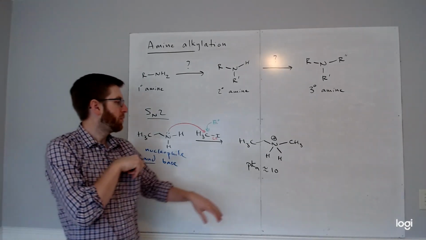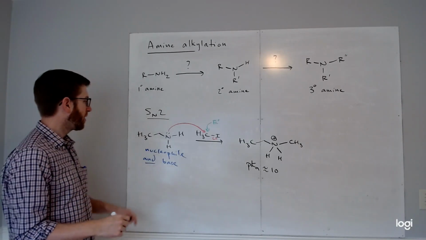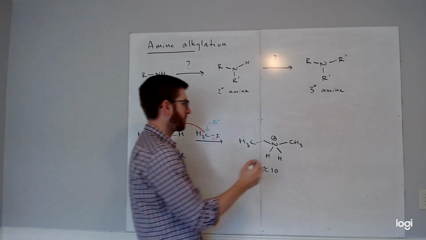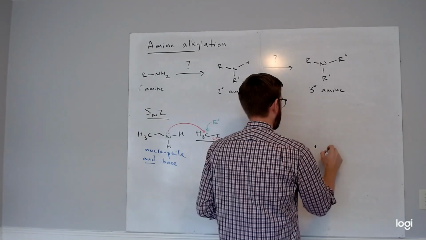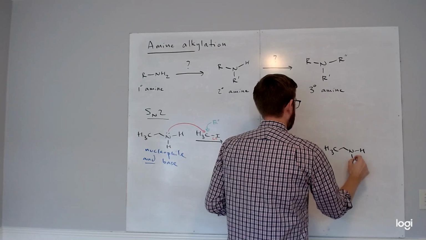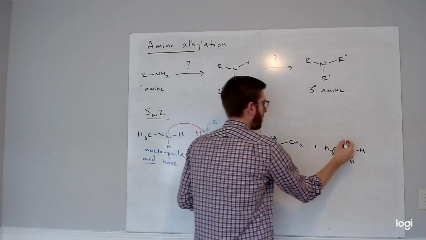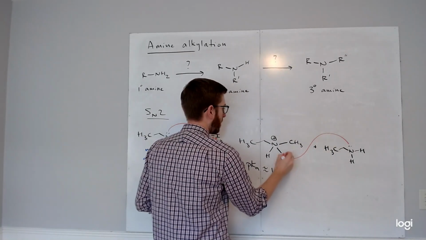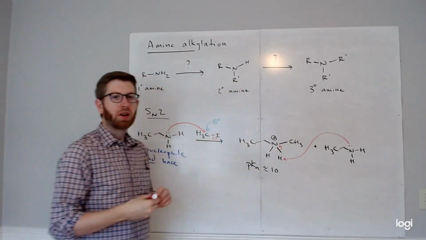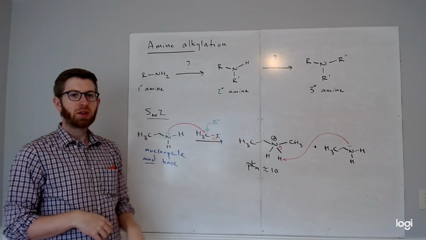And so you end up with a situation where this compound can actually react with another copy of this compound. So if we show that, we would transfer a proton from the product of alkylation to the starting material, right?